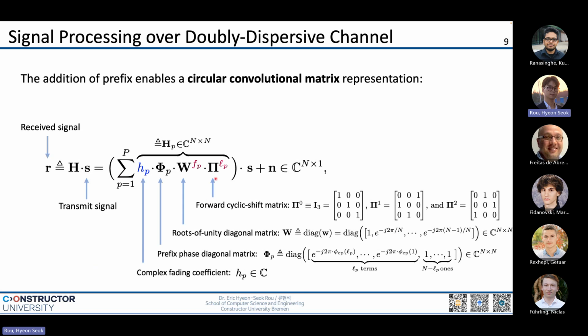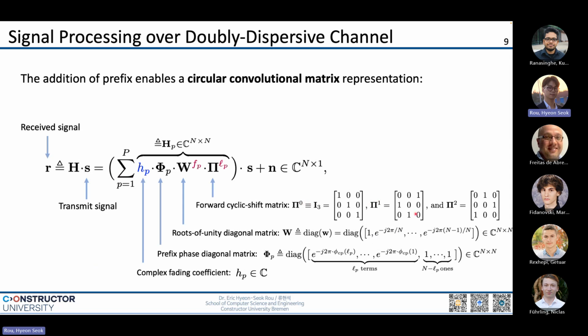And then we also have a forward cyclic shift matrix denoted by Pi. What this does is every power of this matrix, so power 1, power 2, results in a forward cyclic shift. It shifts the diagonal of the matrix 1 to the left, or down, depending on the way you look at it. So Pi to the power 0 is the identity, so 0 delay shift.